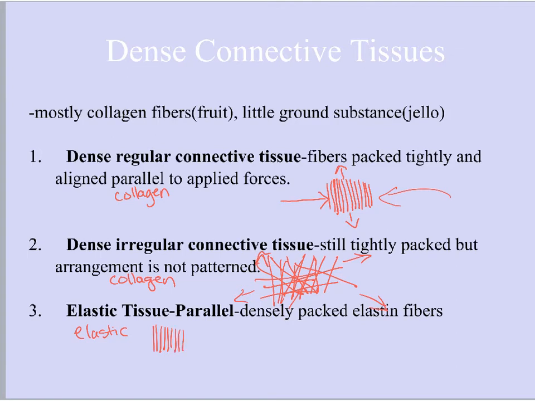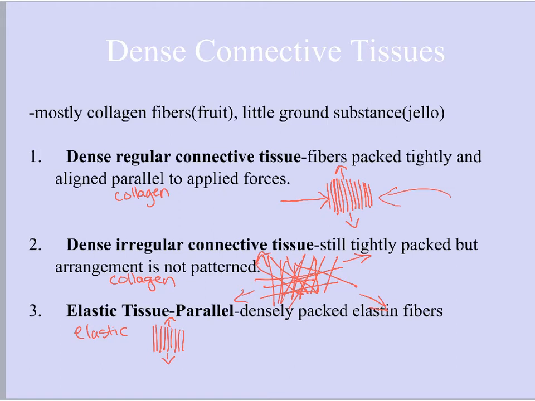So because elastic tissue has elastic fibers, you can expect that tissue to be elastic in nature. So you're going to be able to apply forces to it, let's say in these two directions, and those fibers will easily stretch and then go right back to their resting length.